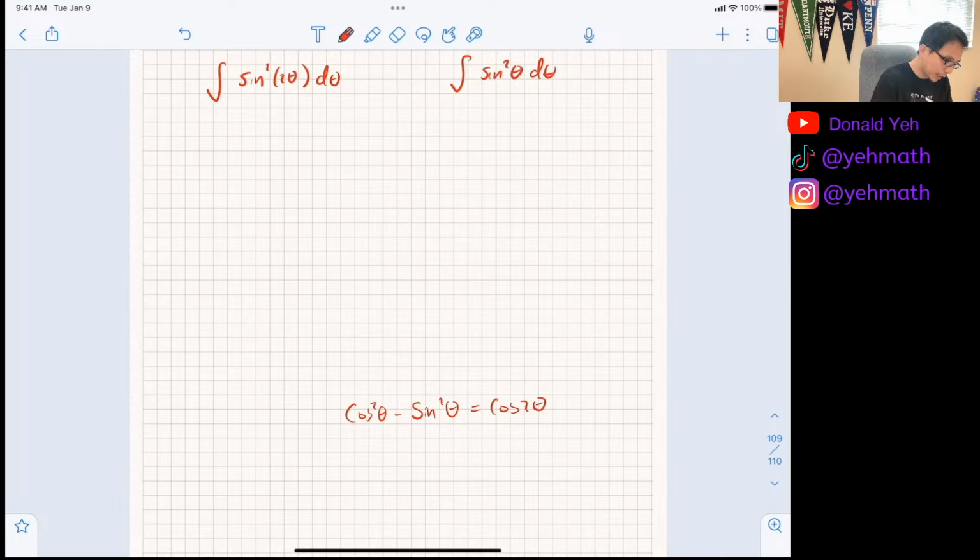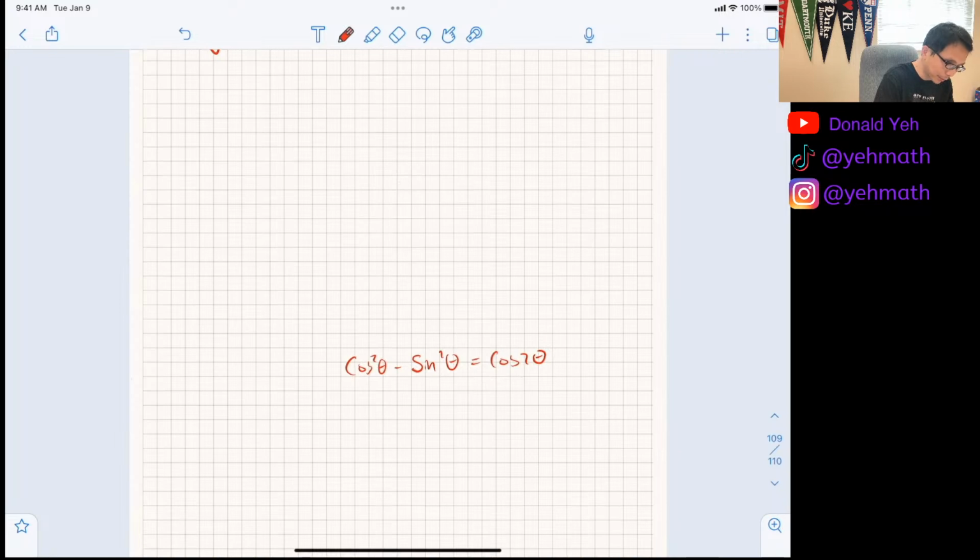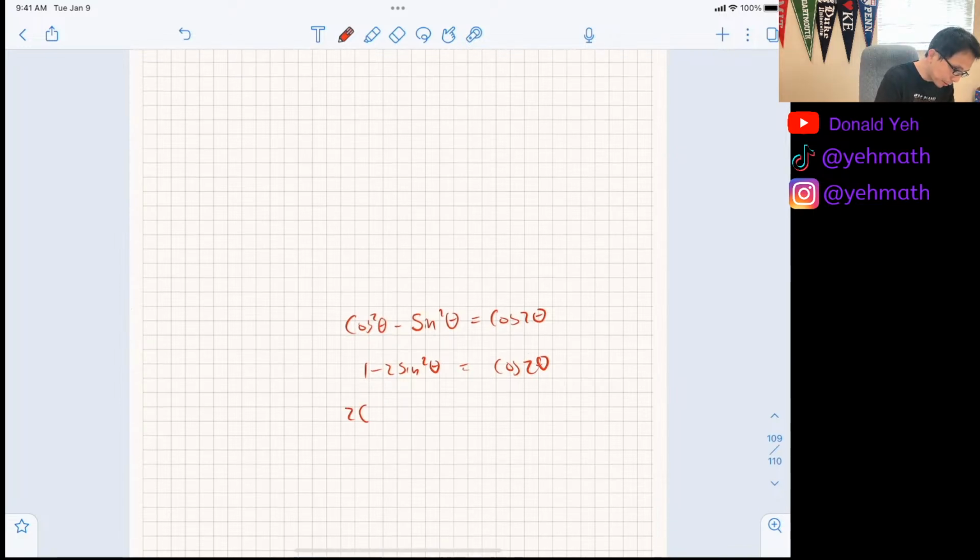And do you remember there was another one where you replace the cosine squared with 1 minus sine squared, so it's gonna be 1 minus 2 sine squared theta is equal to cosine 2 theta? Does that make sense? Yes. Do you remember there was also 2 cosine squared theta minus 1 equal to cosine 2 theta? These are all just derivations of that first thing.